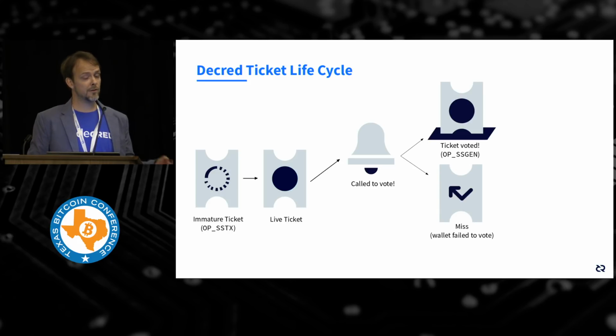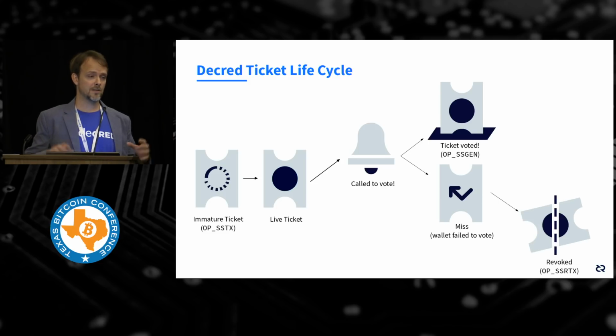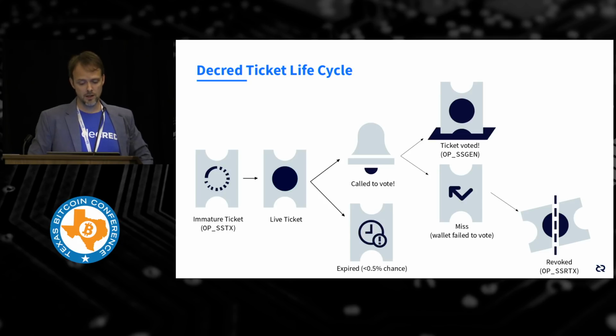On the other hand, if you're not configured, or if your stake pool is offline or something like that, you can miss, and then you have to issue a revocation transaction. This is another thing that's kind of confusing to newer users: what happens if I don't vote? Do I lose all my money that I locked up? No, you get it back through the revocation. You just don't get the reward, and you don't get to say what you want on the given agenda items. You don't get a vote.